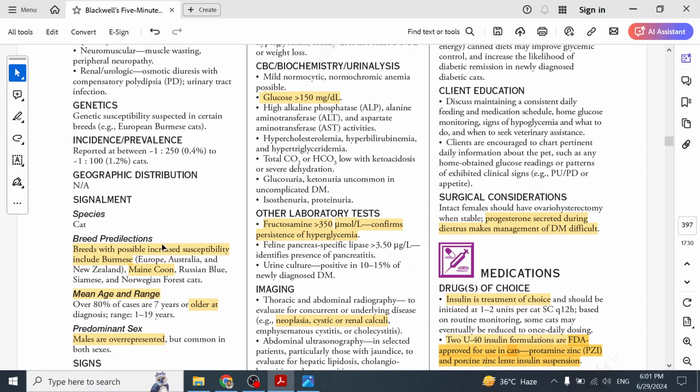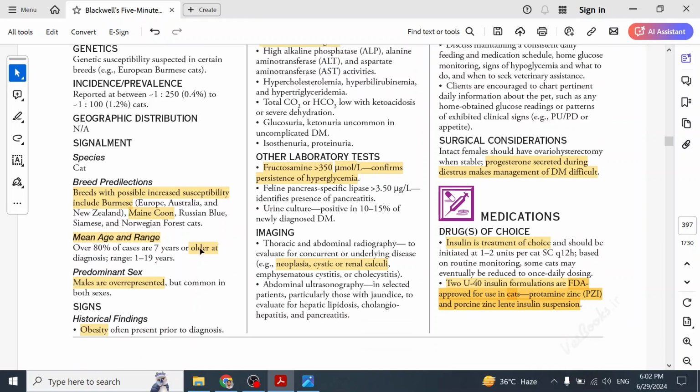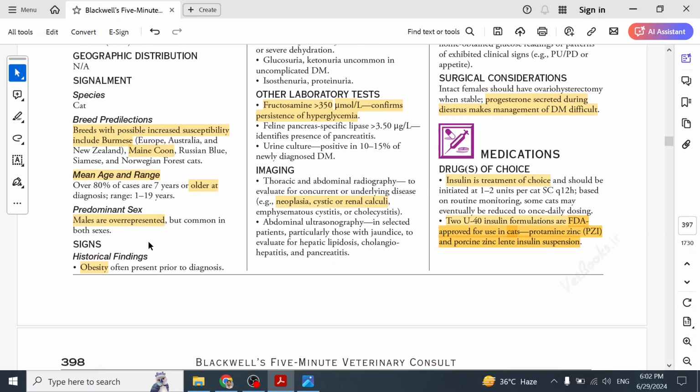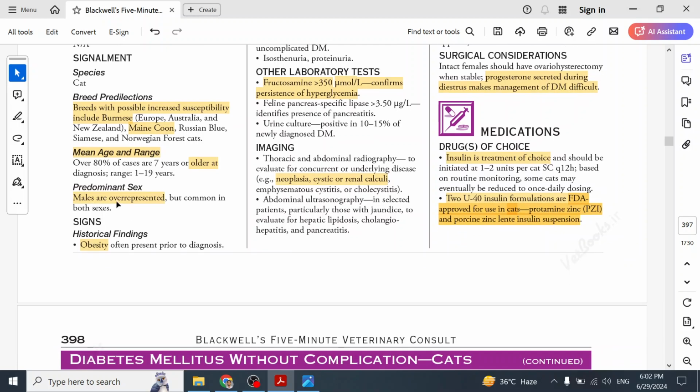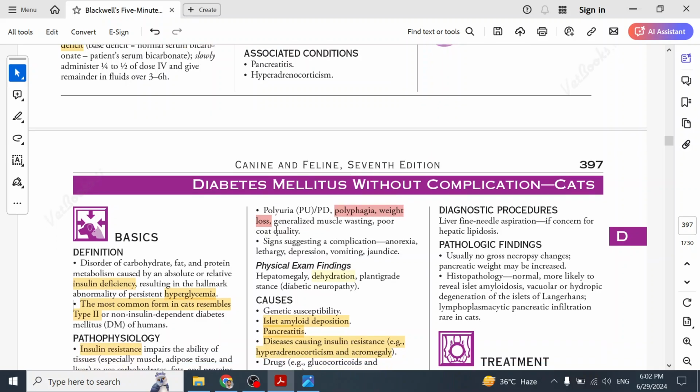Next, breeds are like the Burmese cat and Maine Coon cat. The Maine Coon cat is also most commonly affected by acromegaly. The mean age or range is older cats. All diabetes mellitus types are more common in older cats and dogs. Predominant sex is male. History or risk factor is obesity. You find obesity, then polyphagia and weight loss.